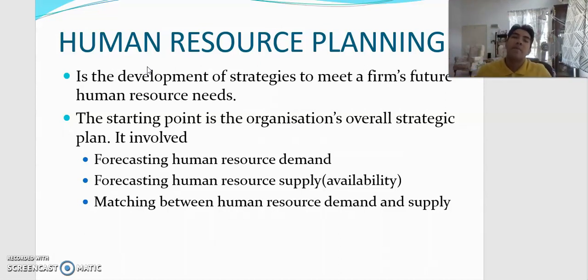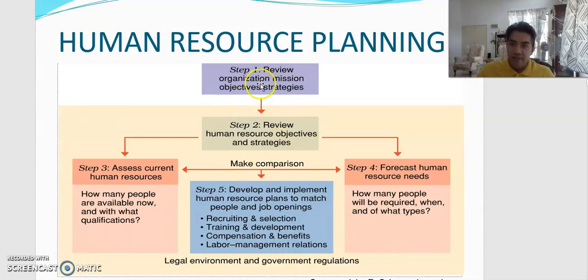And then human resource planning involves these processes being discussed in your textbook, which talk about demand and supply, and then we go into the review: review the organization's mission and objectives, review the HR objectives, and then assess the current human resource needs. So we have 2 people who are going to retire. So that is our existing need.